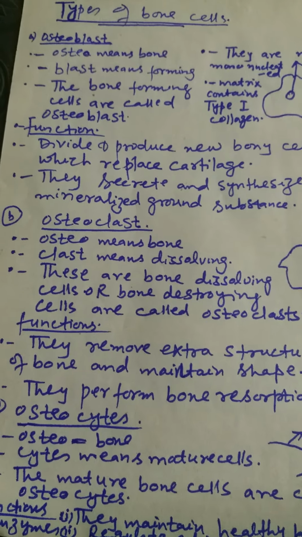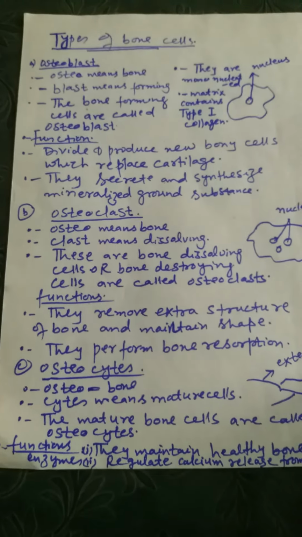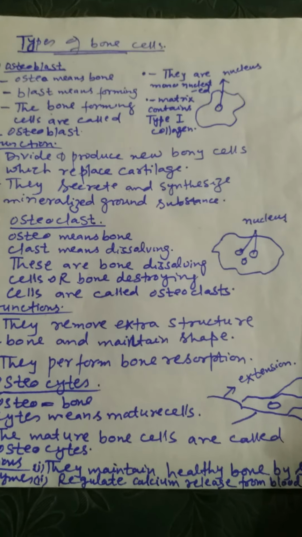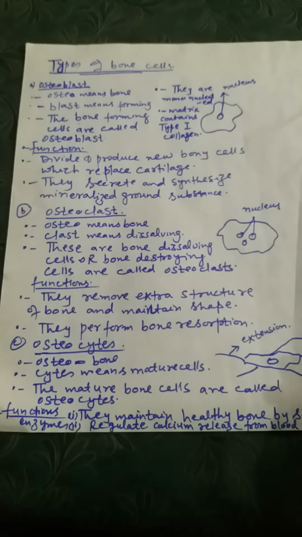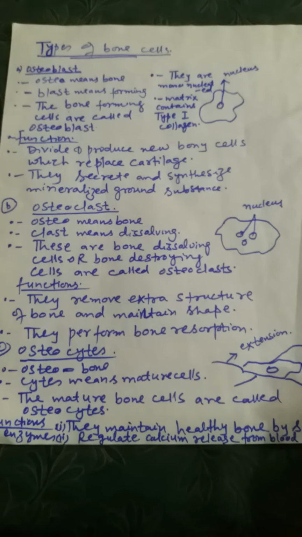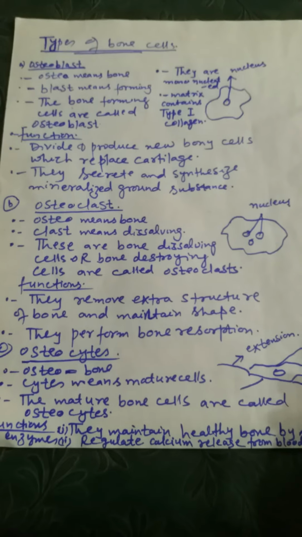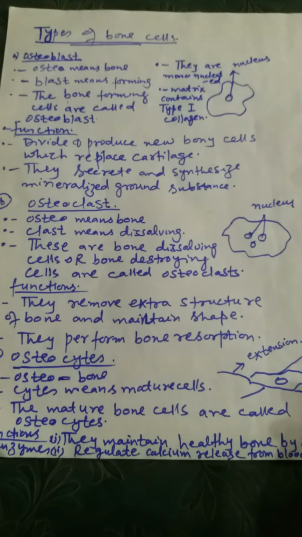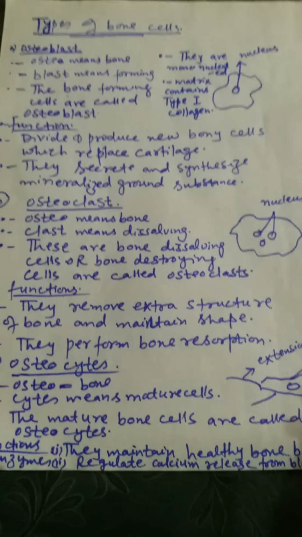The third type of cell is osteocytes. Osteocytes are mature bone cells. These mature bone cells have long processes or extensions. By means of these extensions, osteocytes make connections with the osteoblasts. So osteocytes are mature bone cells.